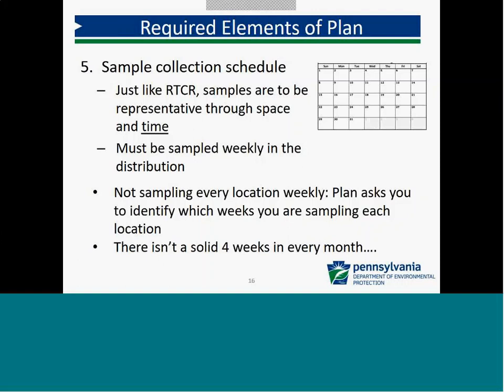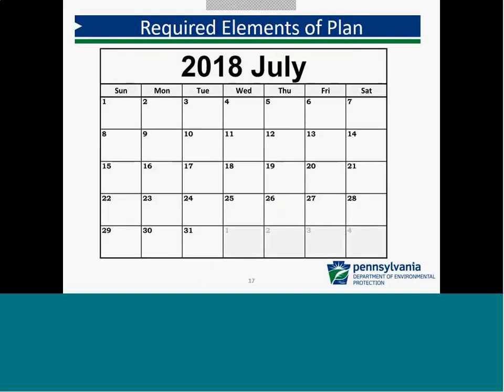And when you start to look at this, there isn't a solid 4 weeks in every month. That would only come out to 48 weeks in a year. So we'll give some examples of this here. You'll see that if you're collecting a residual, say, every Thursday, in July, you would have 4 weeks.